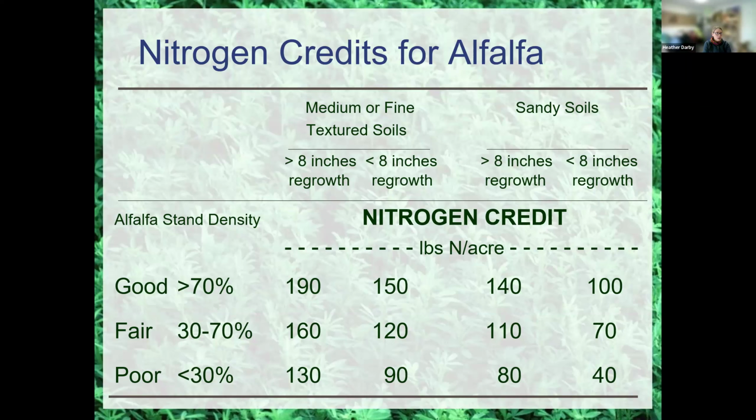So how much of that legume nitrogen can be available to the next crop will be dependent on how good the crop is, what kind of soil, and how much growth is plowed under.